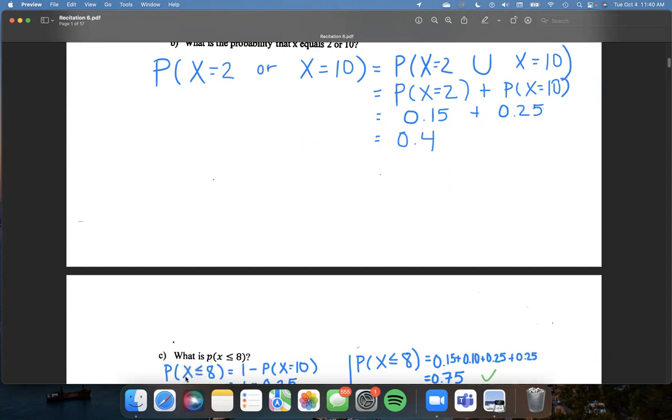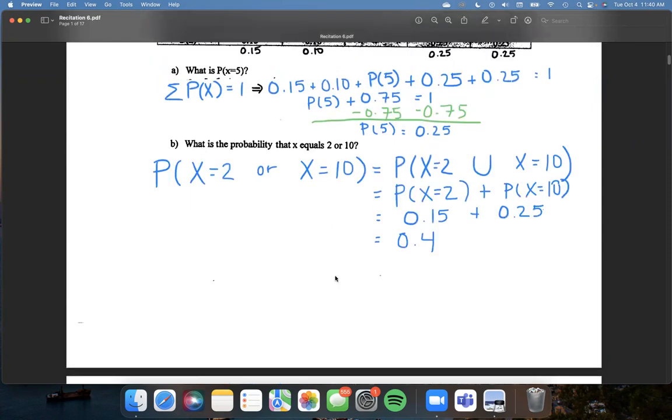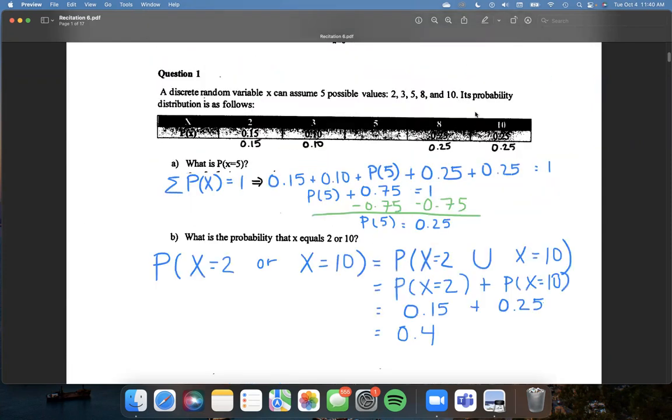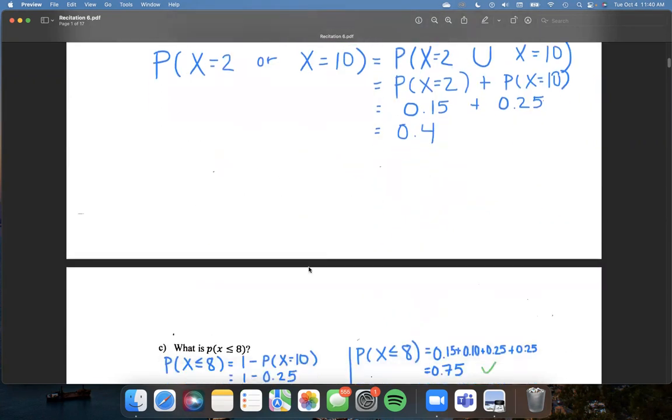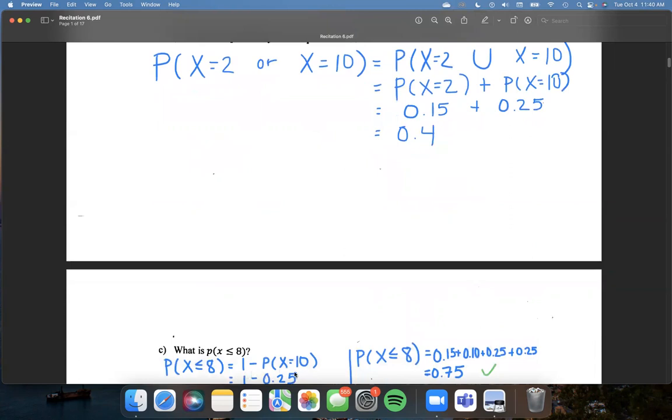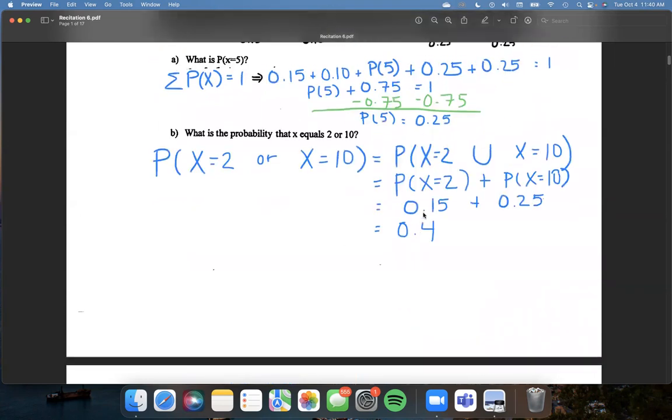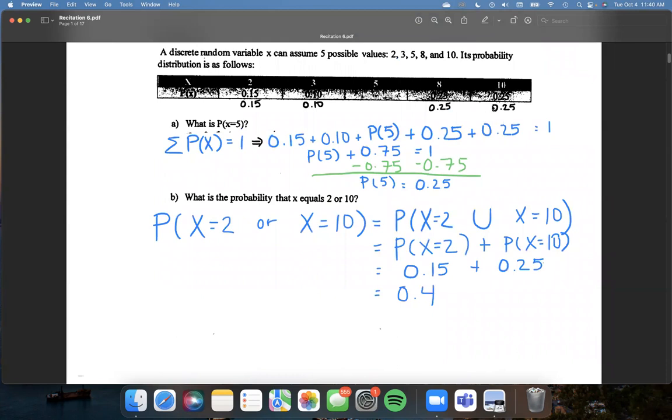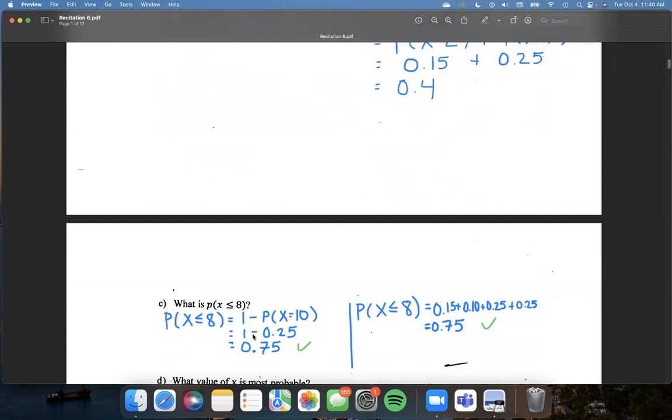The complement of x less than or equal to 8 would be x greater than 8, so it would be 1 minus the probability of x greater than 8. If we look at our x's that are greater than 8, we're only in the situation where x equals 10. So I kind of skipped a step in writing. We have 1 minus the probability that x equals 10, and we're given that that probability is 0.25. So we'll do 1 minus 0.25, and that'll give us 0.75. So that's the more efficient way of solving it.